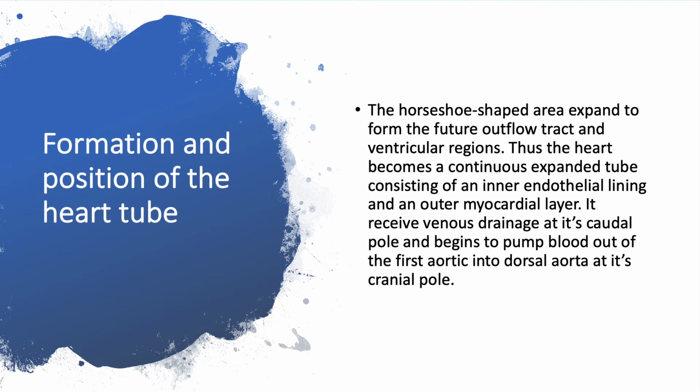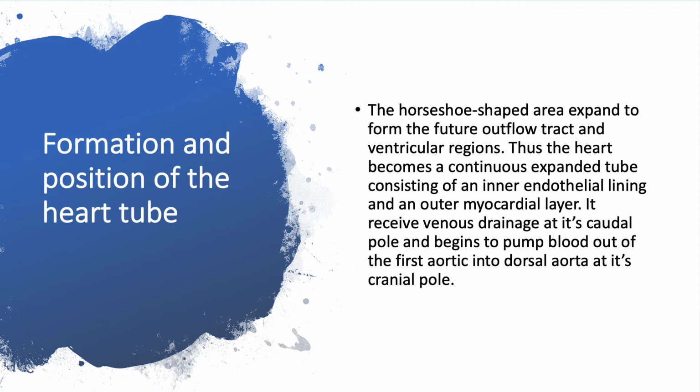And there will be pumping of the blood at this time, with two poles, caudal and cranial. It receives the venous drainage from the caudal pole and begins to pump blood out of the first aortic arch into the dorsal aorta and its cranial pole.